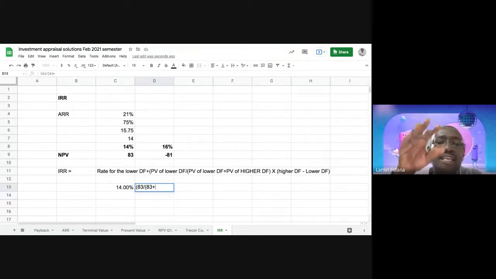So the negative is ignored according to the function. So you say plus 81, bracket closes. So 83 divided by 83 plus 81. We just do the equals.